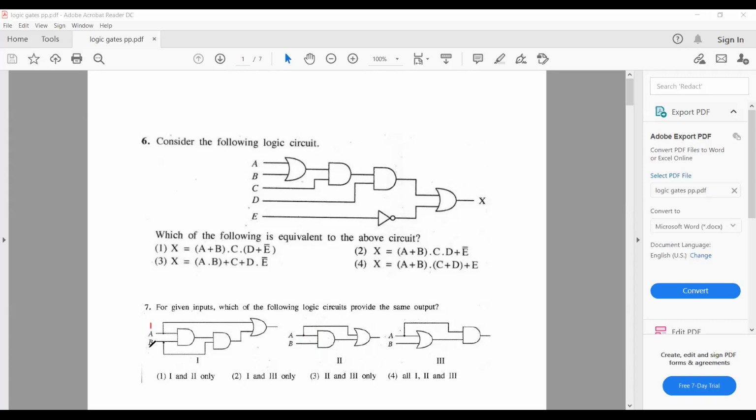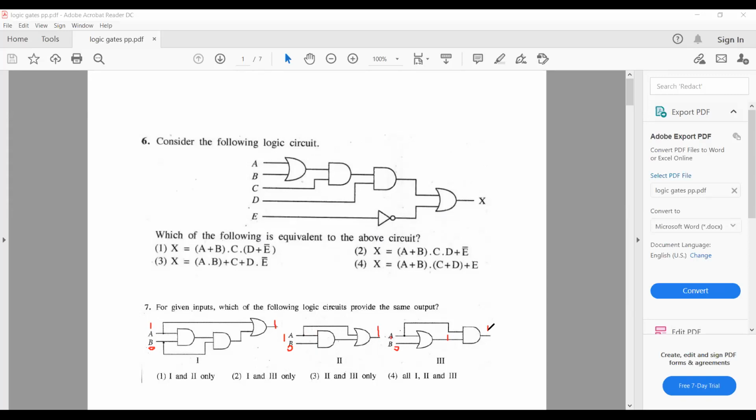You will see, definitely your output will be 1 here, and definitely 1 here, and here also 1.